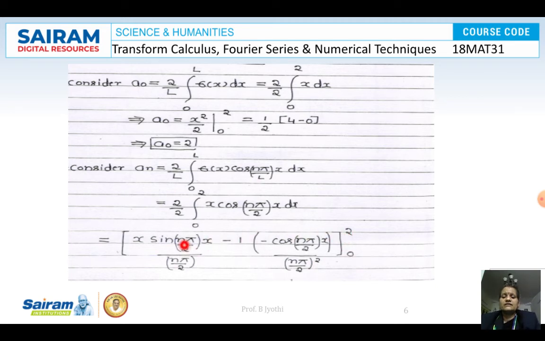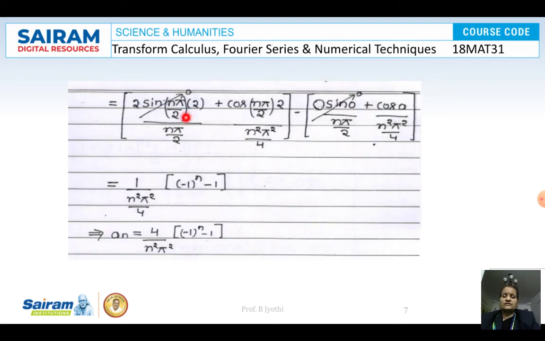Again, this sin term is going to be 0 whether you substitute 2 or 0, because when we substitute the upper limit 2, this 2 will be cancelled with this 2. Sin n pi is 0. Similarly, when I substitute the lower limit 0, sin 0 will be 0, or even x is multiplied, therefore it will be 0.